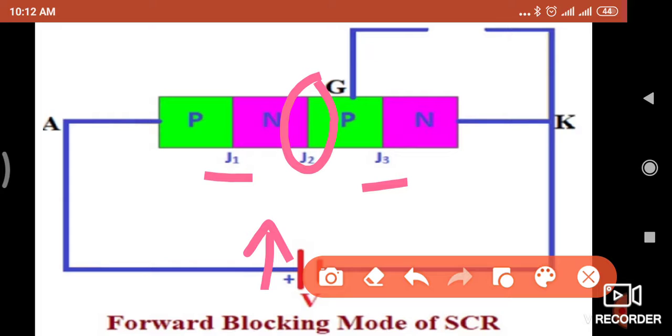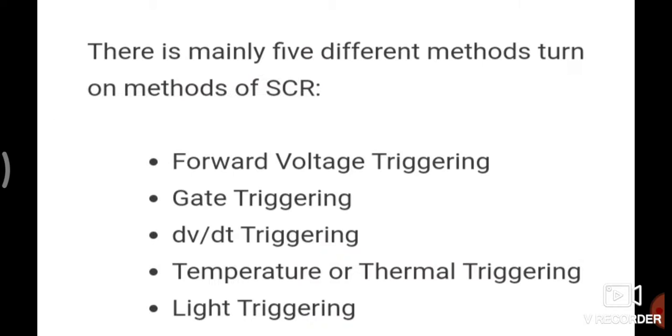Why? Because here we need a very high voltage for turning on the SCR, and at the same time the gate is in the off state. So this is the first method, forward voltage triggering.